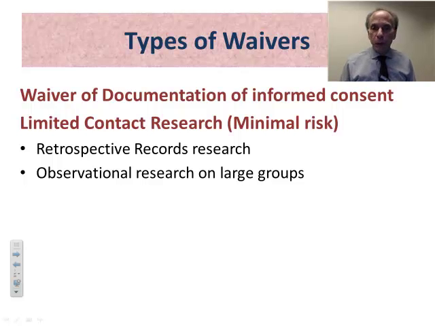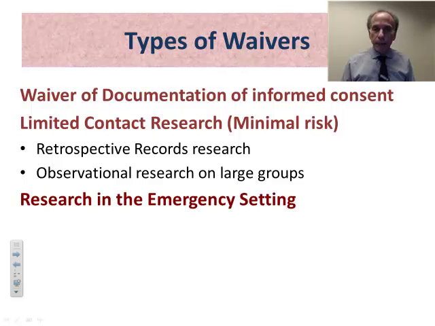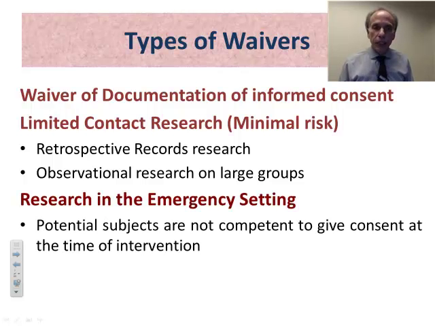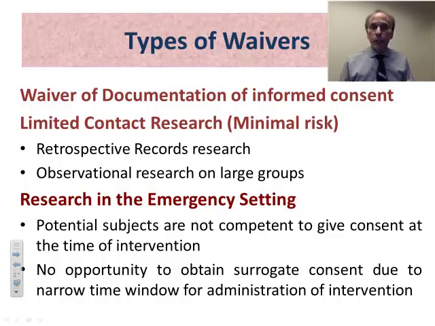And the final type of waiver occurs with research in the emergency setting. A waiver is necessary in such a setting when potential subjects are not competent to give consent at the time of the intervention, or there is no opportunity to obtain surrogate consent due to the narrow time window for the administration of the intervention.